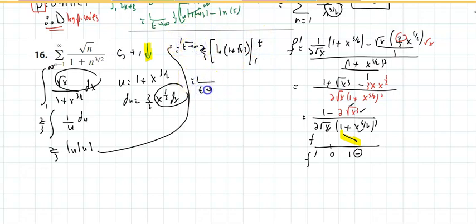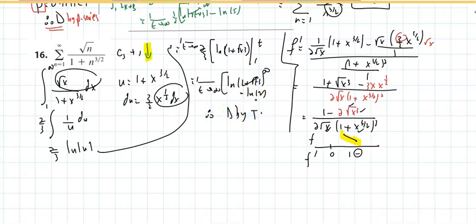That's the limit as t approaches infinity of natural log of 1 plus the square root of t cubed minus natural log of 2. That's going to approach infinity, therefore diverge by integral test.